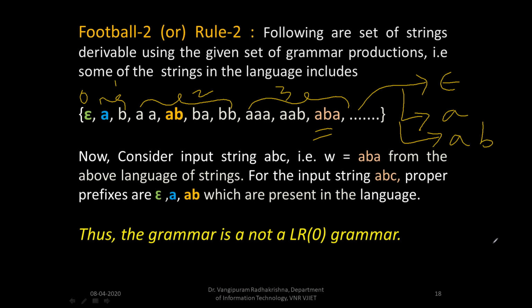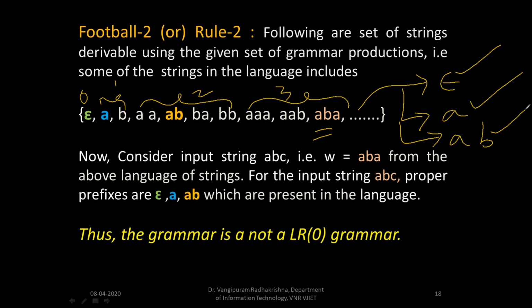So the possibility of ABA is ruled out because it is the string itself. Now, epsilon is present in the given language. A is present in the given language. AB is also present in the given language. This means that proper prefixes epsilon, A, AB are present in the given language.